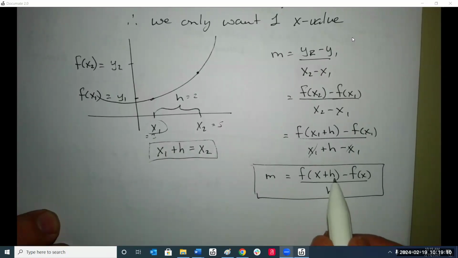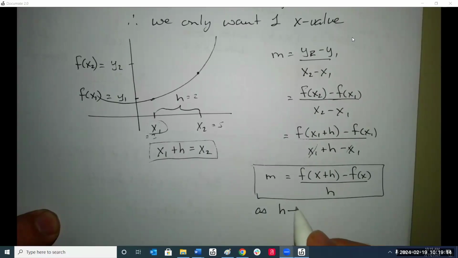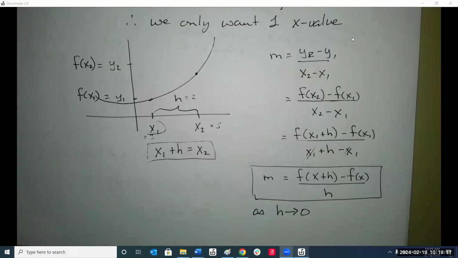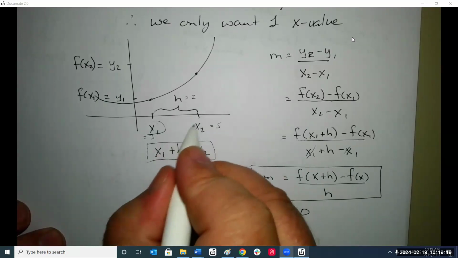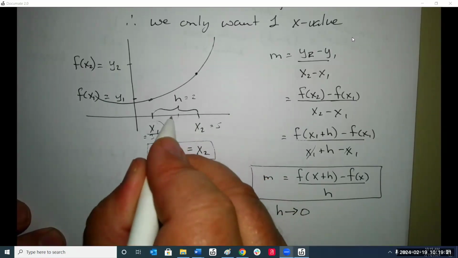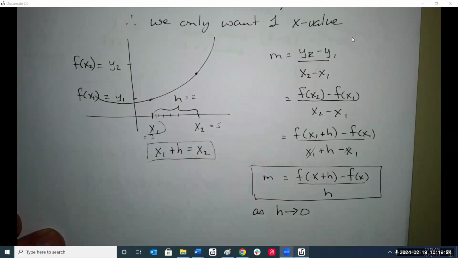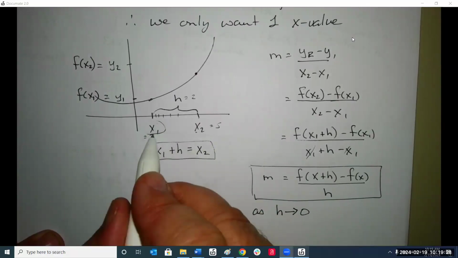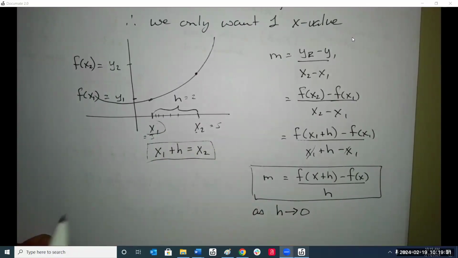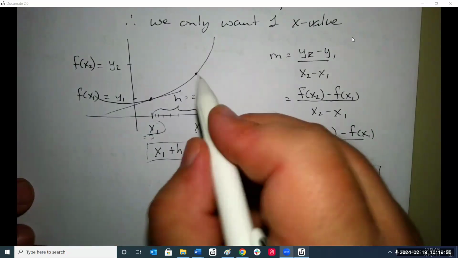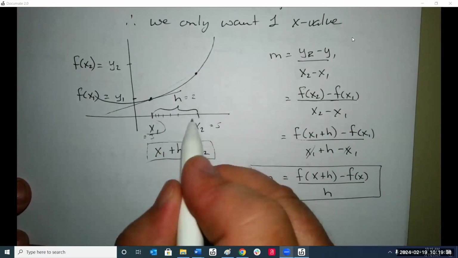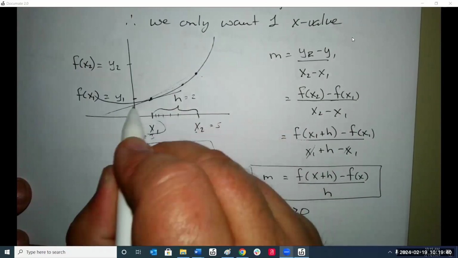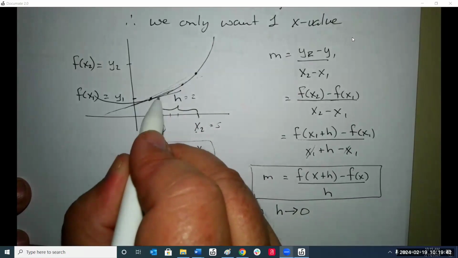Now, as h goes to 0, this distance becomes smaller and smaller. Eventually, when h is 0, x2 and x1 are the same point. That's the slope we're looking for, because as x2 gets closer to x1, the slope changes.